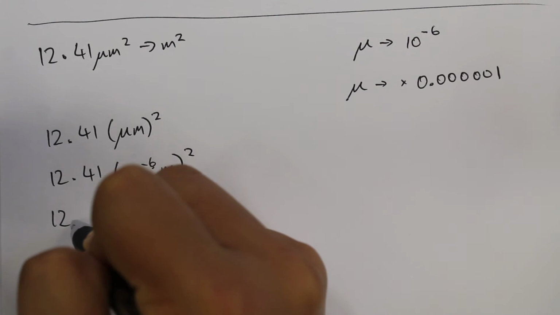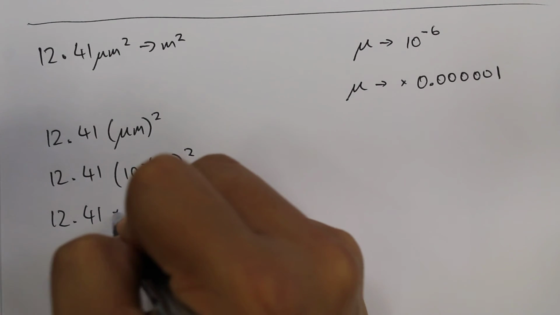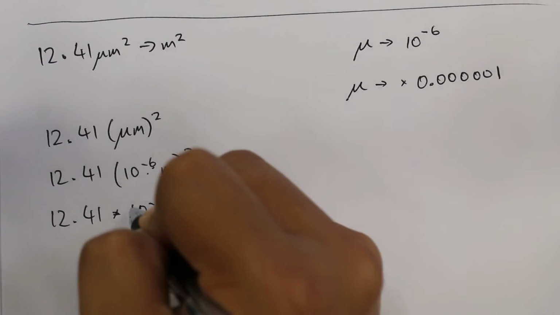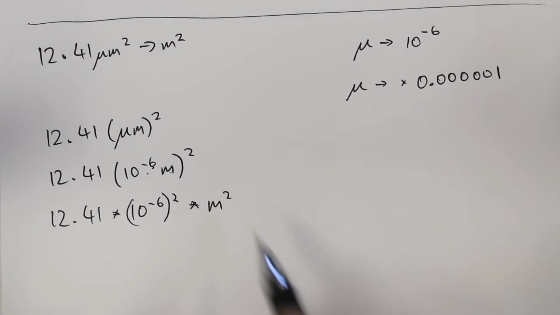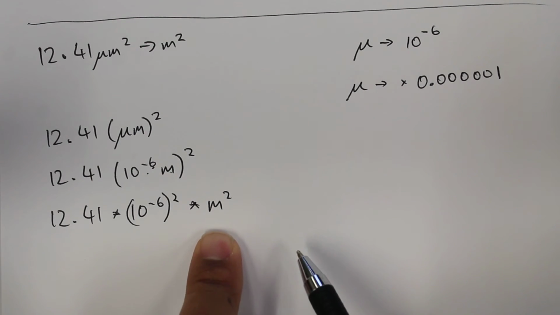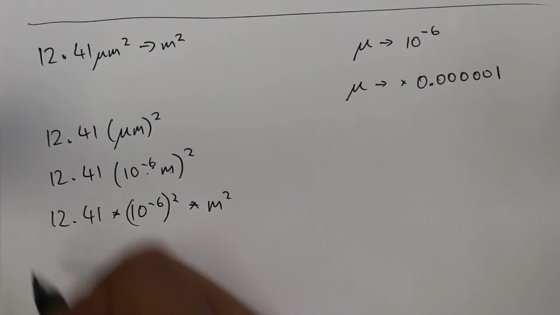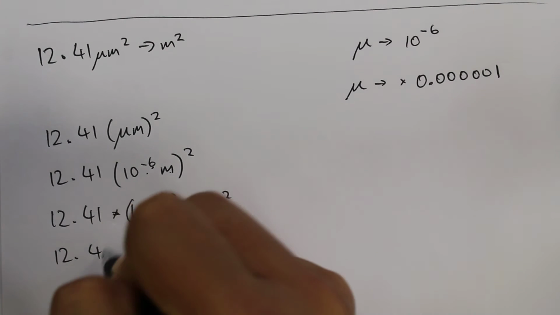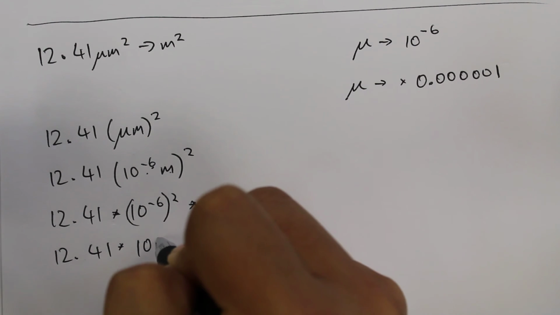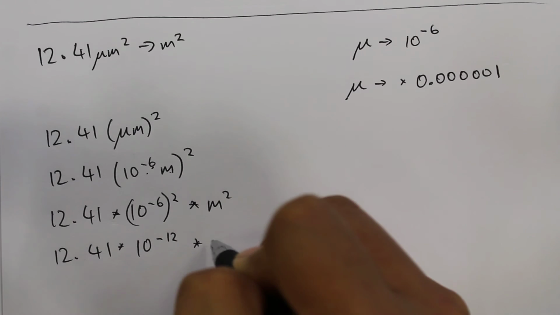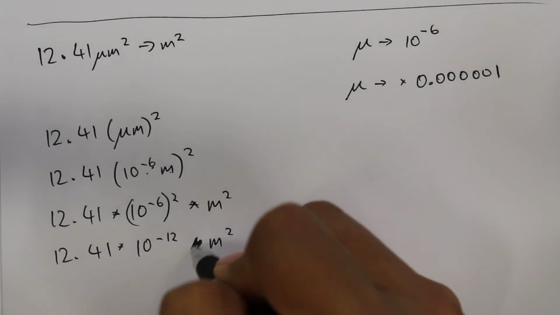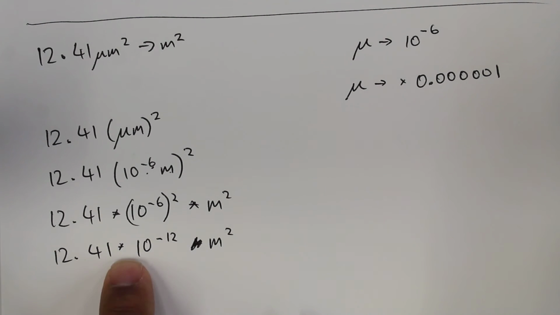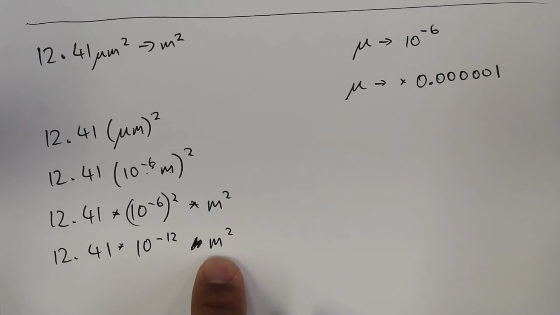So this will be 12.41 times 10 to the minus 6 squared, and then times meters squared. You can see the meters squared unit appearing here. This is then the same as 12.41 times 10 to the minus 12 times meters squared. So we can get rid of that times, and this is 12.41 times 10 to the minus 12, and the unit is meters squared.